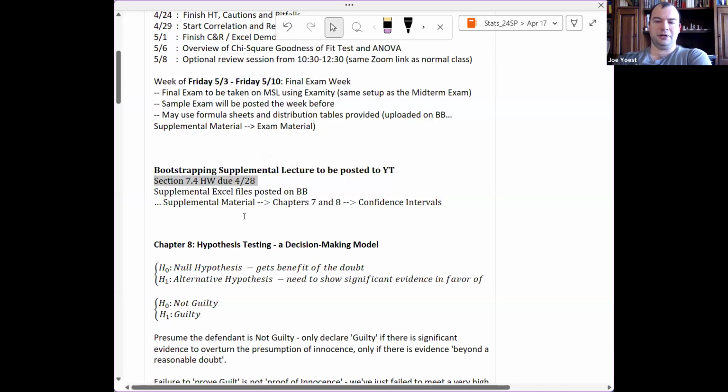The section 7.4 homework was set to be due this Sunday, but since it's already Wednesday and I just got the lecture up, I pushed it back a week to the 28th. So the bootstrapping homework is not due until the 28th. I would recommend getting it started a little earlier than that, though, because hypothesis testing, like I mentioned before, is somewhat challenging material, and you don't really want to be trying to do the hypothesis testing while doing the bootstrapping.